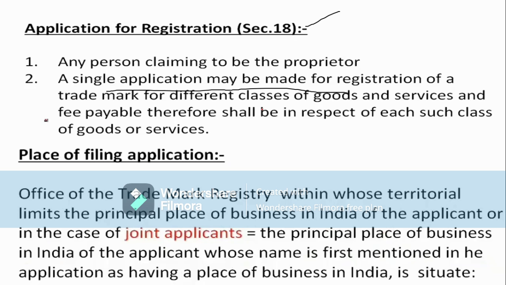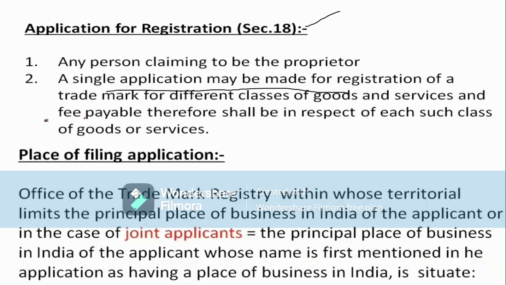They are differentiated to register in the registrar office. Certain products will be under certain classes, and certain services will be classified under certain classes. They will be registered in the registered office.